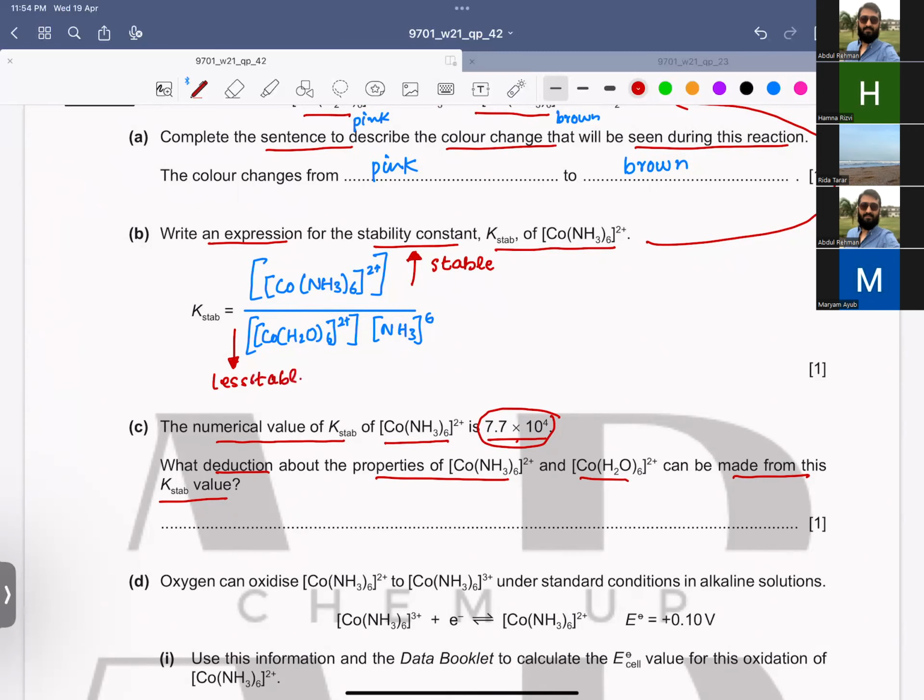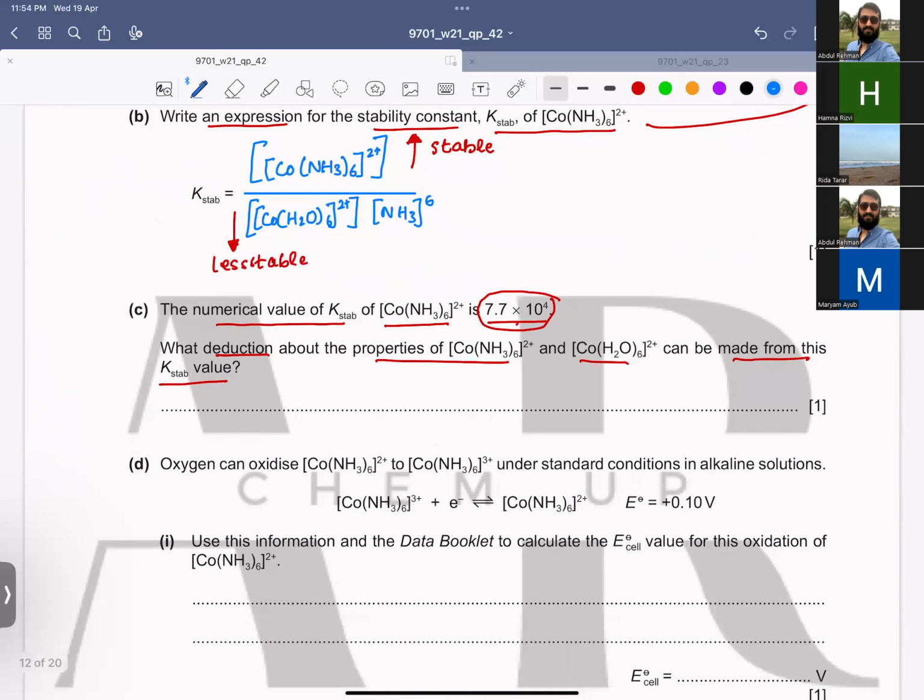So we would write that Co(NH3)6 2+ is more stable than Co(H2O)6 2+.